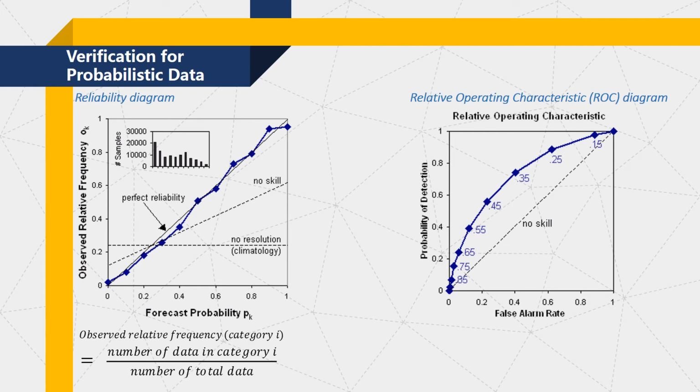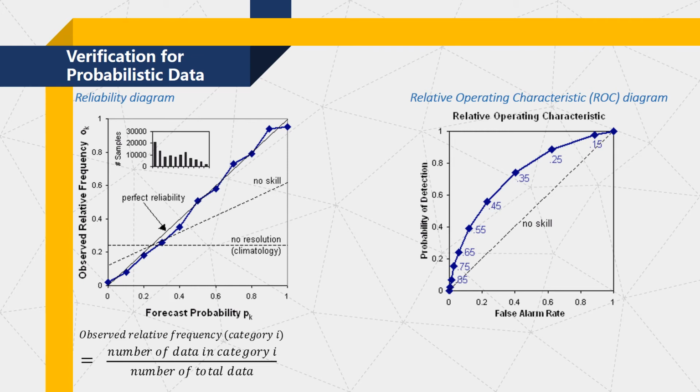When the plotted line becomes flatter, it indicates that the forecast resolution becomes lower. It can be the reason of the occurrence of a horizontal line, which shows a no resolution condition, where it also denotes homogeneous forecast data within one data set, as in climatological data.